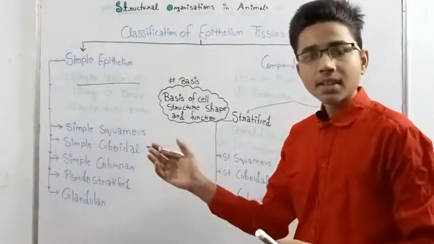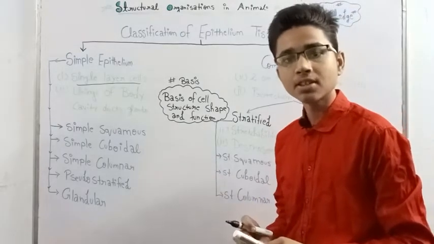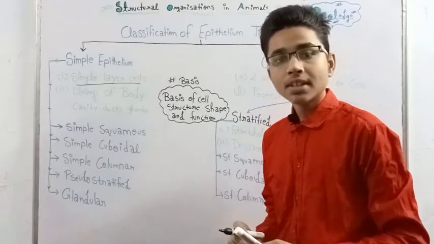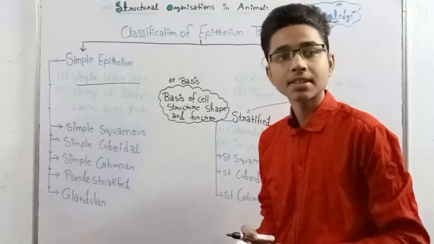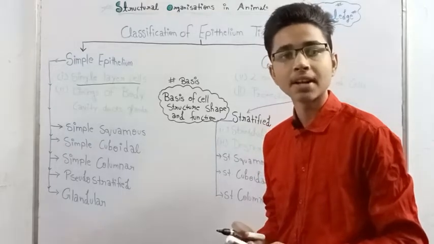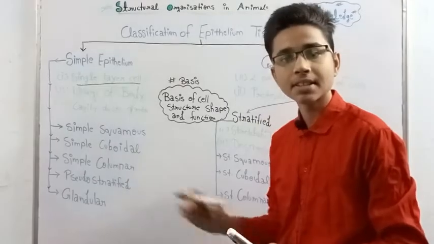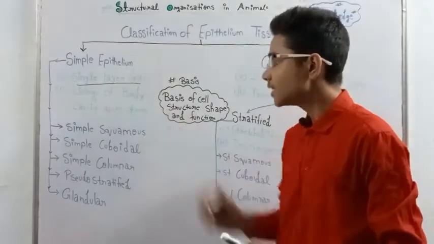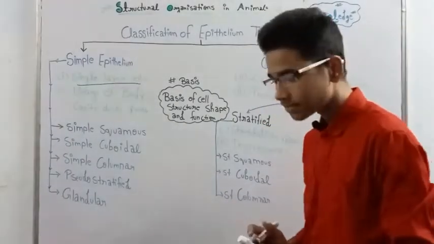As there is only a single layer, they can perform lining of some organs, cavities or ducts. We know that there is a function of diffusion of particles in the blood vessels. Blood vessels have to diffuse the particles which they carry to the cells. So they are present in blood vessels, cavities, ducts, and glands.